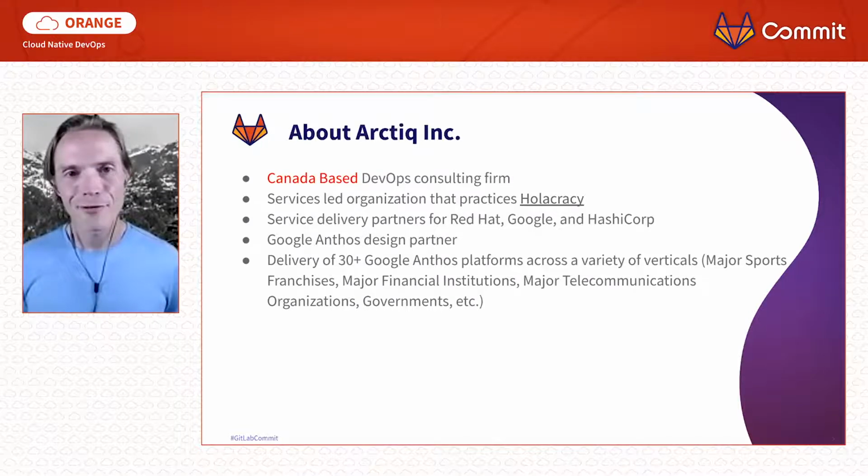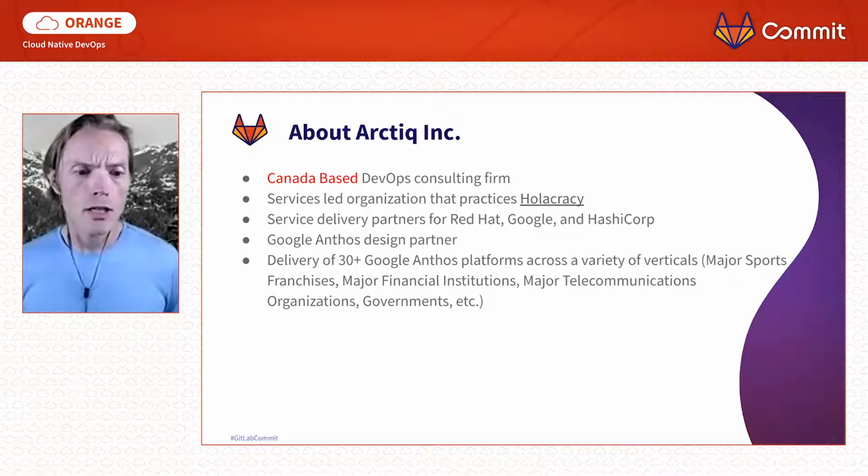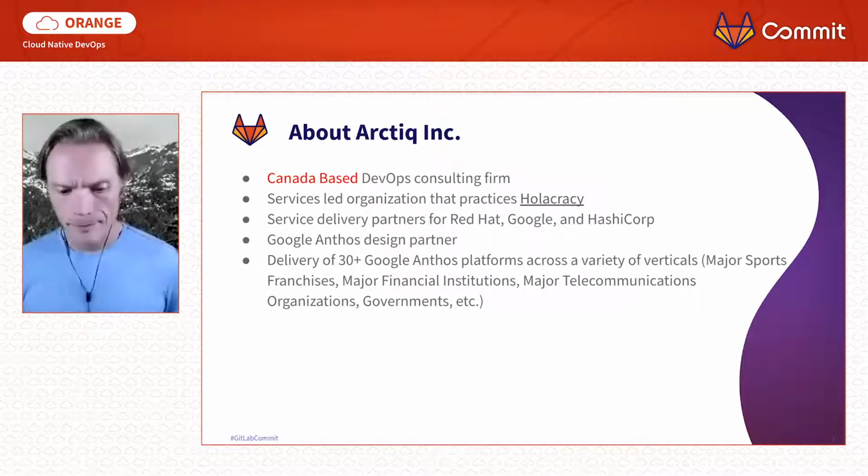This is everything from major sports franchises to banks to major telecommunications organizations. And so really what Arctiq brings to the table is the experience of merging this new technology with enterprise process. And that's what brings us here today at GitLab Commit.